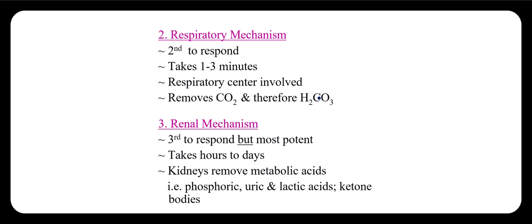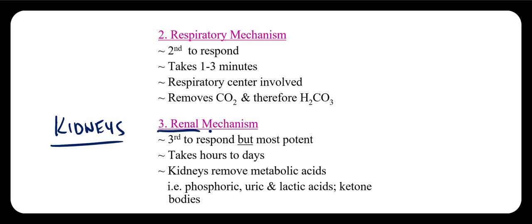Okay, we're going to skip number 2 and go to number 3 for a second. Number 3 is your kidneys. Renal mechanisms. They're the slowest because what happens here is we'll tie up the extra acid or base, and again, we'll focus on acid. We'll tie up the extra acid, get it transported to the kidneys. The kidneys will incorporate it into the urine, and you'll get rid of the urine.